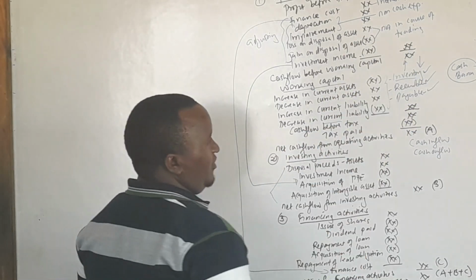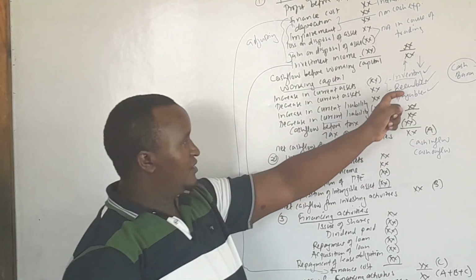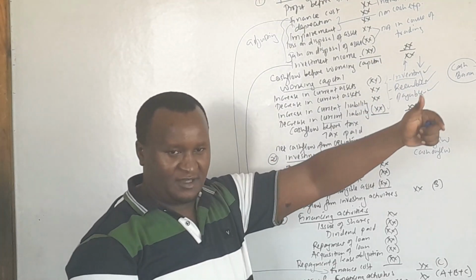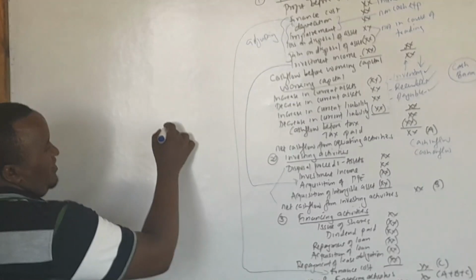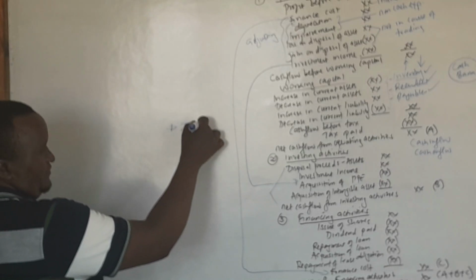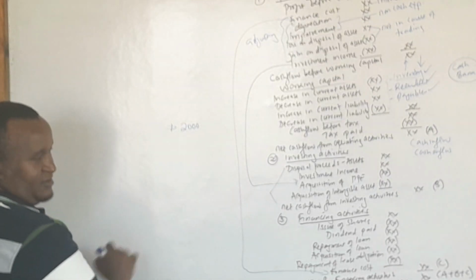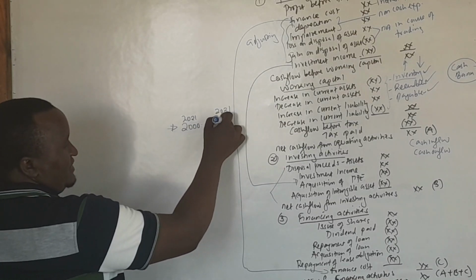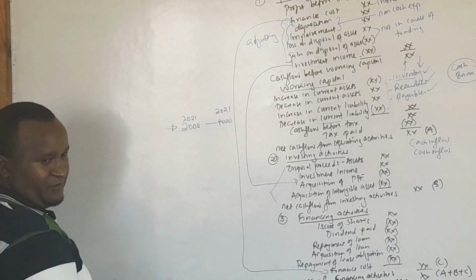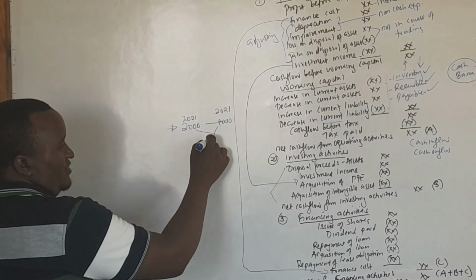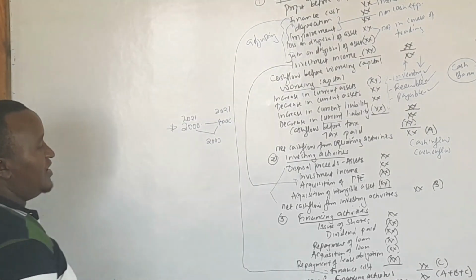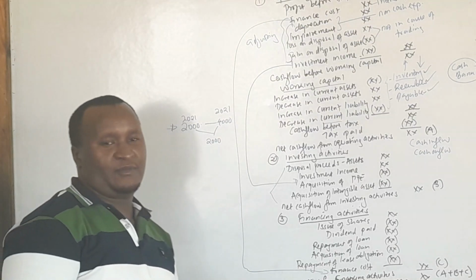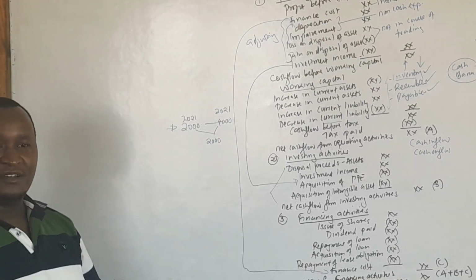Increase in receivables, these are debtors. We are selling on credit. So if debtors increase, assuming we had debtors of 2,000 at the beginning, maybe this is 2020, and in 2021 the debtors increase to 4,000. So they have increased by what? 2,000. Is it an inflow or an outflow?